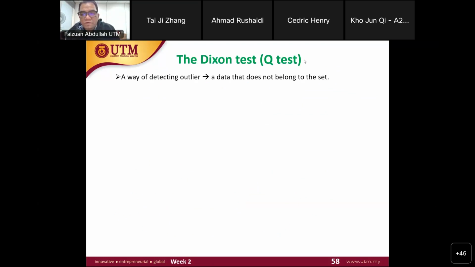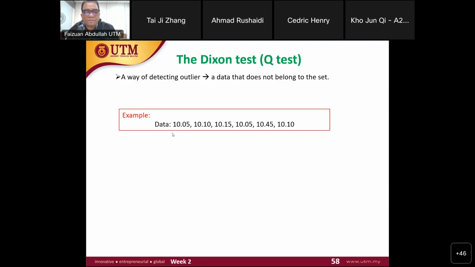Okay, now we go to the next test, which is the Q test, a way of detecting an outlier. What is an outlier? Data that does not belong to the set. For example, we have a set of data: 10.05, 10.10, 10.15, 10.05 again, 10.45, and 10.10.